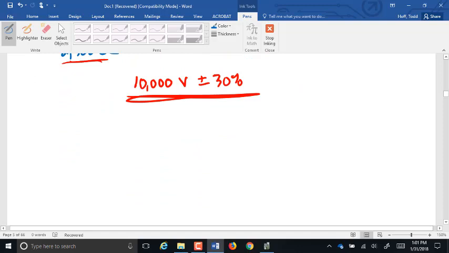So if we have a current that is 250 milliamps plus or minus 50 milliamps, and a voltage source that is 400 volts plus or minus 20 volts.